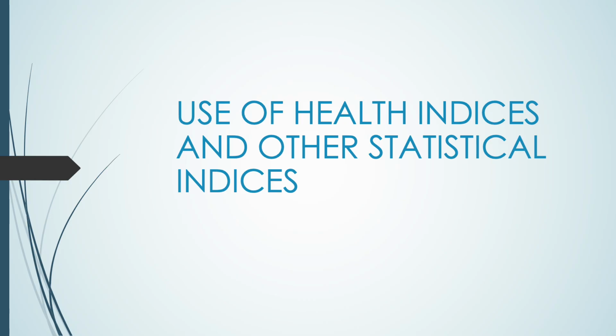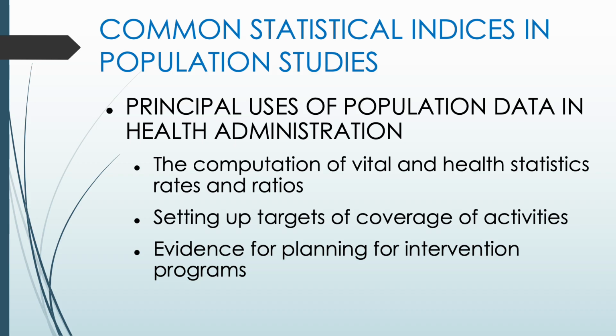So we have the use of health indices and other statistical indices. So we have common statistical indices in population studies. First, we have the principal uses of population data in health administration, such as the computation of vital and health statistic rates and ratios, as seen in epidemiological data of an area, which could be a province, region, or country.